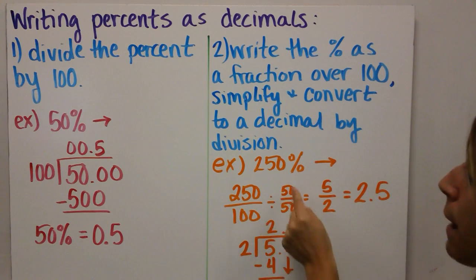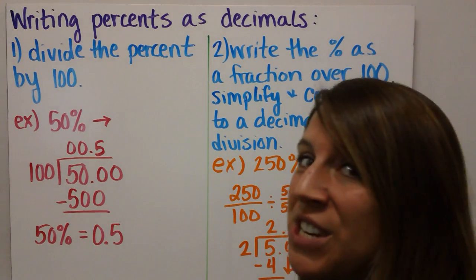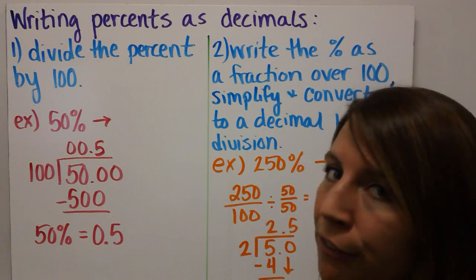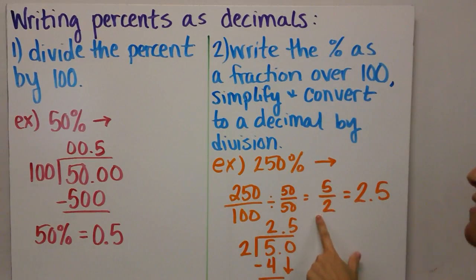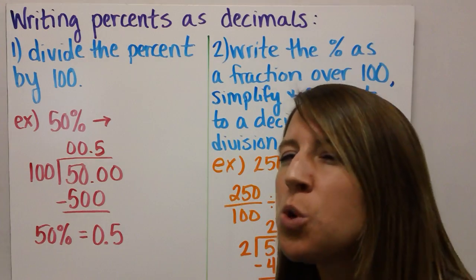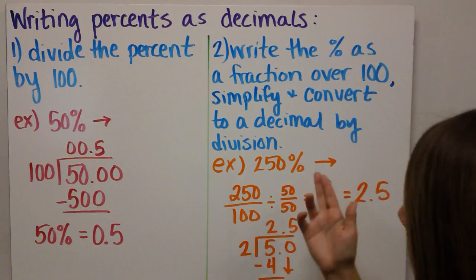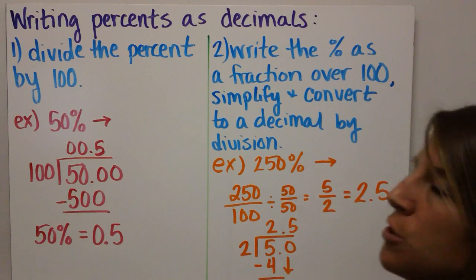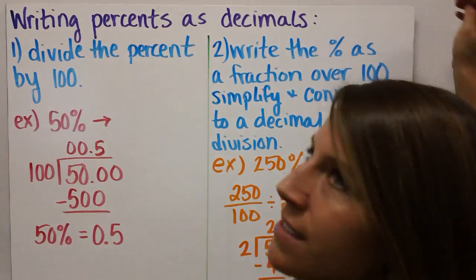This is just dividing by 1 here, so I'm not changing any values. 50 goes evenly into both, that's why I do 50/50ths. I get down to 5/2, and then I can just divide 5 by 2. 5 divided by 2 comes out to be 2.5, or 2 5/10. 250% is equal to 2 5/10.